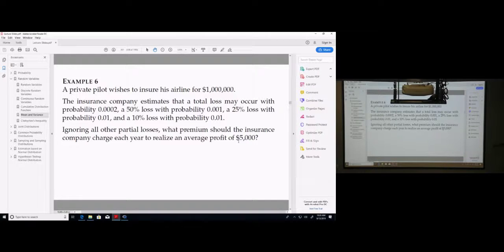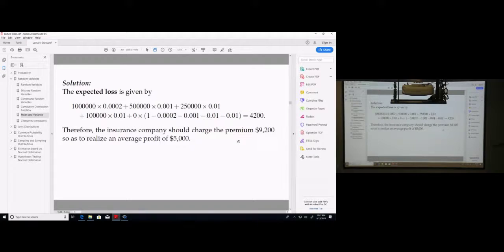All right. So the first thing we wanted to calculate is what is the expected claim size. So this is this probability for total wreckage of the plane. So the insurance company has to pay this amount of damage, $1 million, and then $500,000 with this probability, and so on and so forth. So this is a simple calculation.